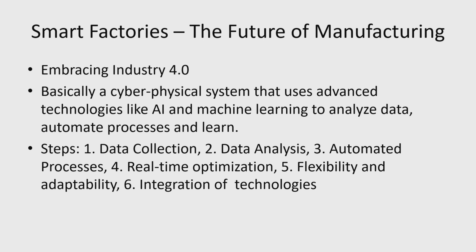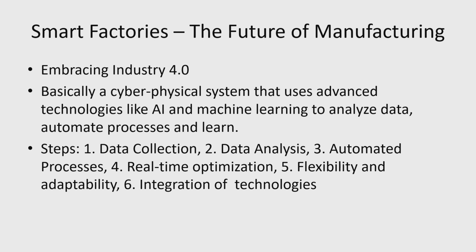Now basically it uses things like cyber physical systems and IoT. A smart factory is a cyber physical system that uses advanced technologies like artificial intelligence and machine learning to analyze data, automate processes and learn.